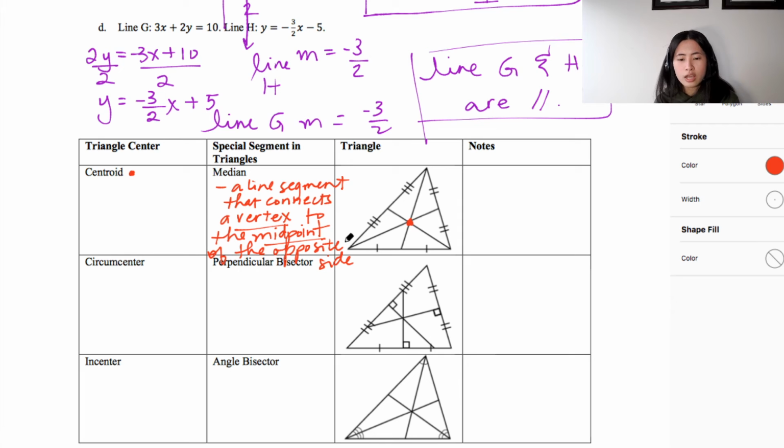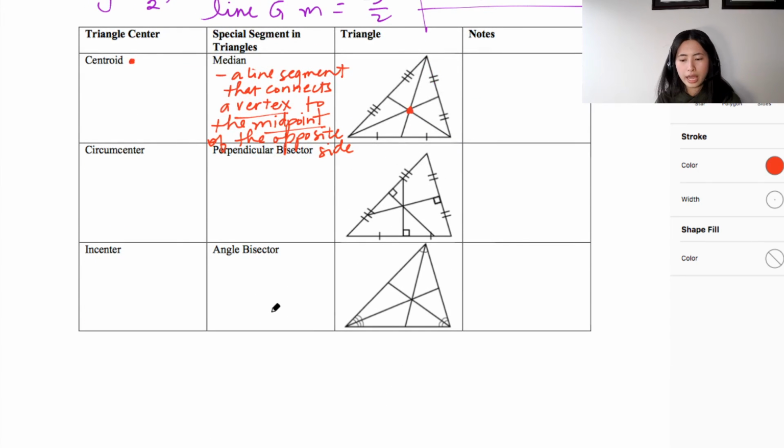So if you have a line segment starting from this vertex, when you connect to the opposite side, you're going to create a midpoint over here, and there's 2 equal sides. On the other hand, if you're starting from this vertex and connecting to the opposite side, you're going to create 2 equal sides. As you can see, there's 3 tick marks. Okay, so that's what a centroid is.